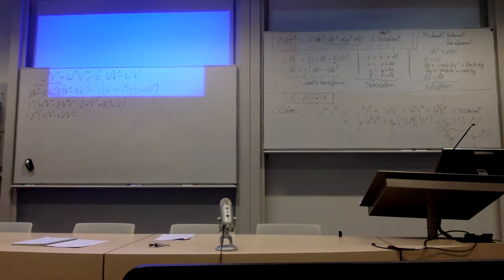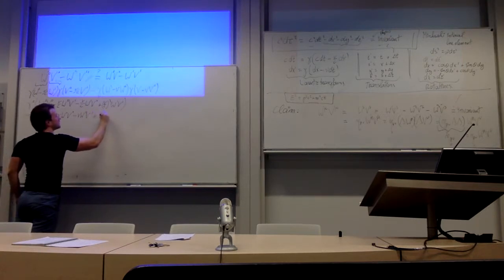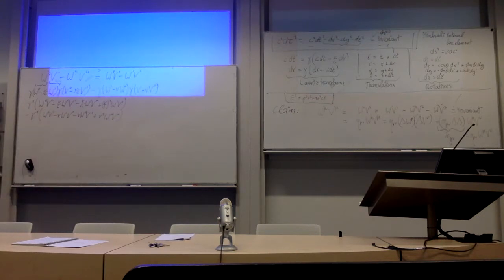Minus v w0 v1 plus v squared w0 v0. Okay. Should have this. Just going through the algebra, law of conservation of trouble and such.